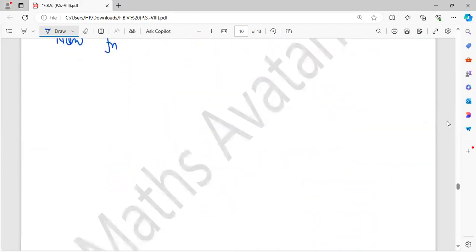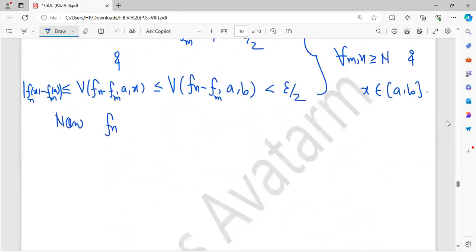Now we have |f_n(a) minus f_m(a)| less than epsilon by 2 for all n, m greater than capital M. So what does it mean?